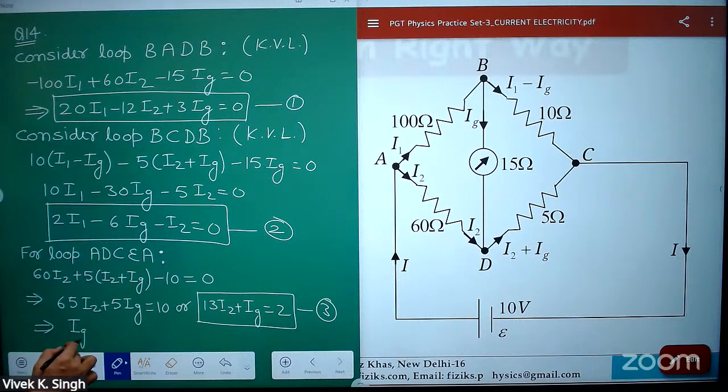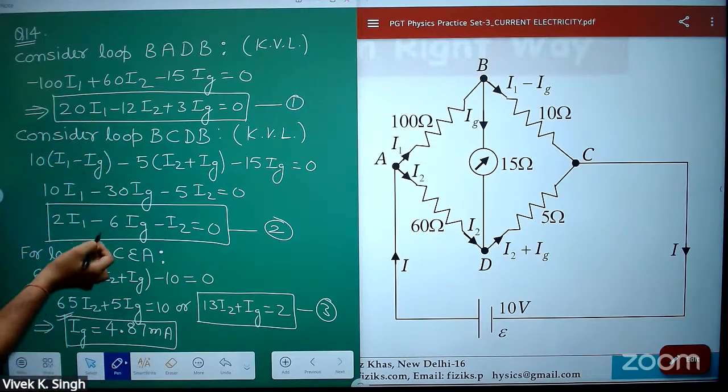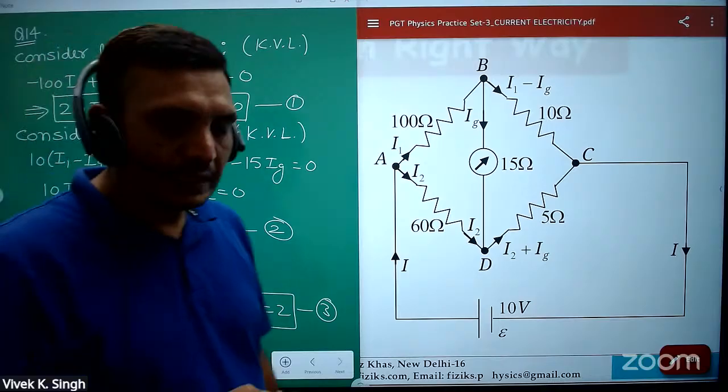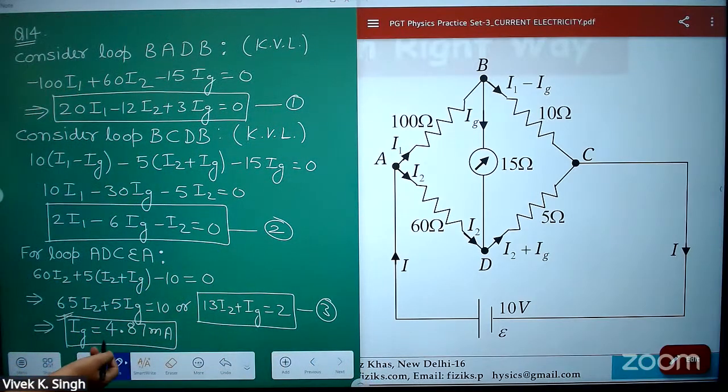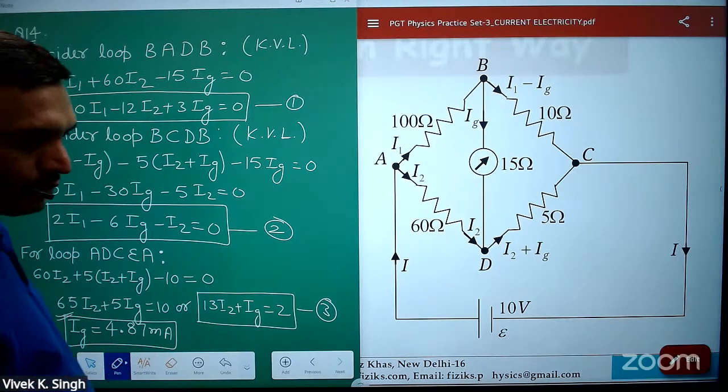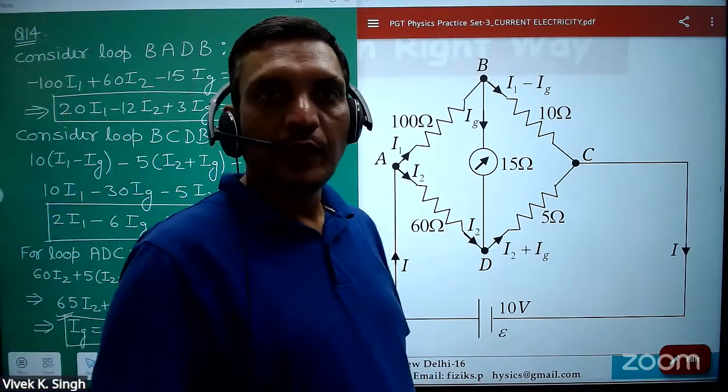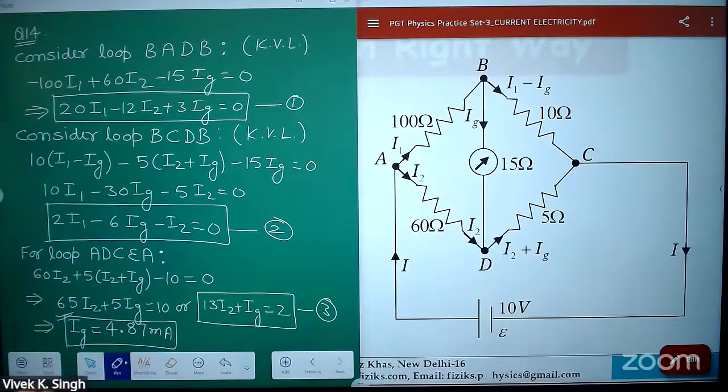If you calculate the value of IG, this will be 4.87 milliampere. You can easily solve. First, eliminate I1, you will get I2 and IG, and then with equation 3, you can solve. I'm giving you the answer, you should solve it. This is 4.87 milliampere. Clear?